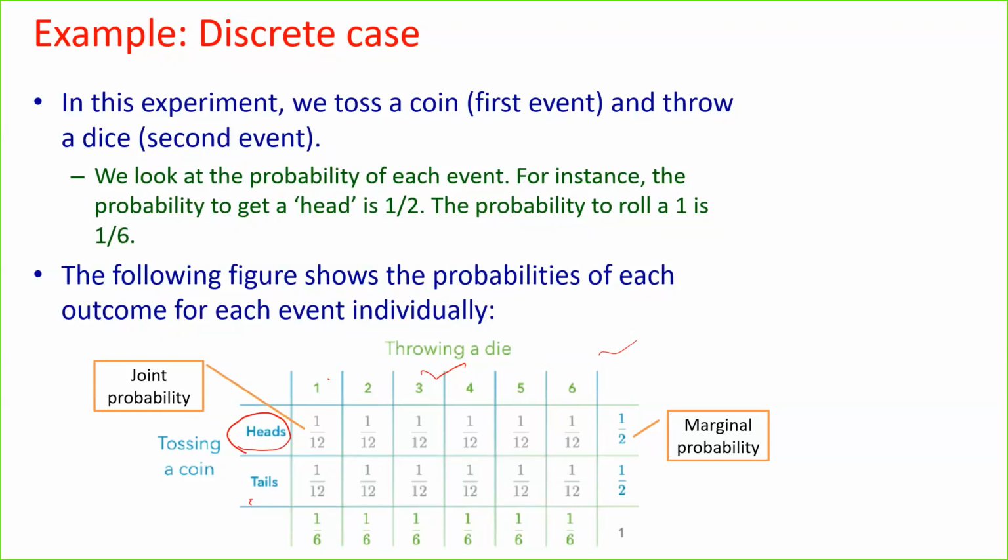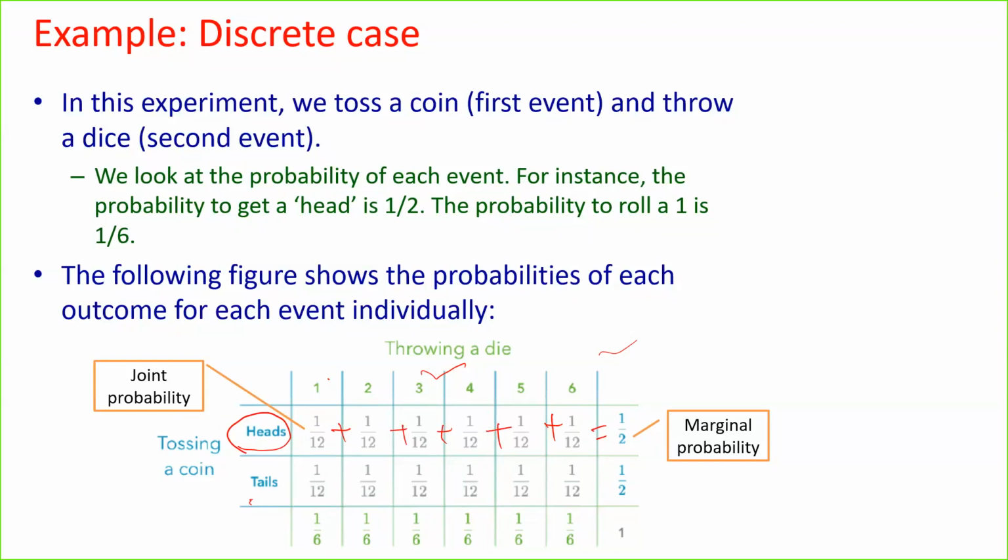So I have to take the sum over all the possible values of the other event, die equal to 1, 2, 3, 4, 5, 6, right? So when you take the sum over all these values, you get the marginal probability of heads, which is equal to 1 by 2.